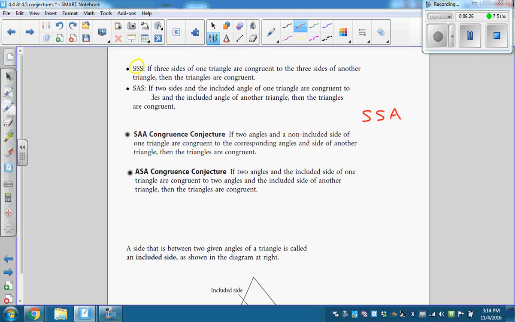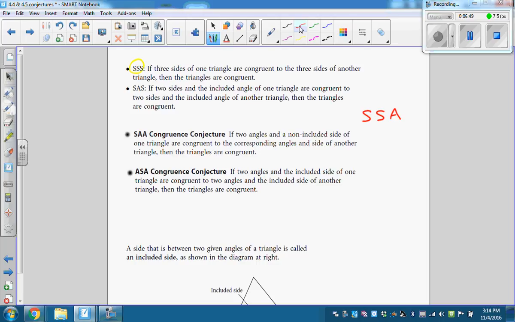The angle has to be between. So you could say it differently. If 2 sides and the angle between the 2 sides of one triangle are congruent to 2 sides and the angle between 2 sides of another triangle, then the triangles are congruent. So we'll practice that. I think after yesterday you get that order matters. You do need to be able to speak about it correctly.